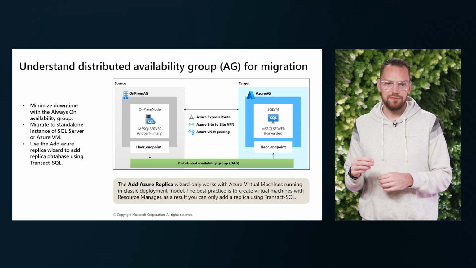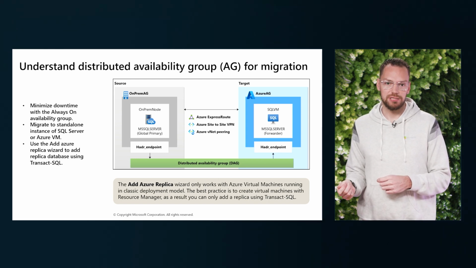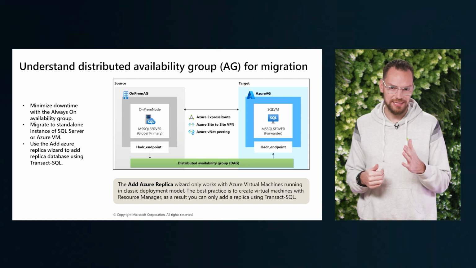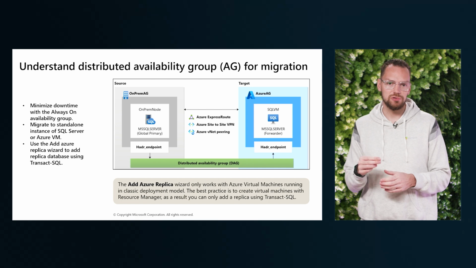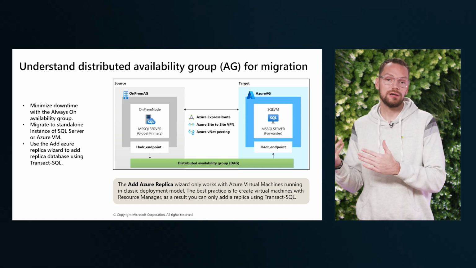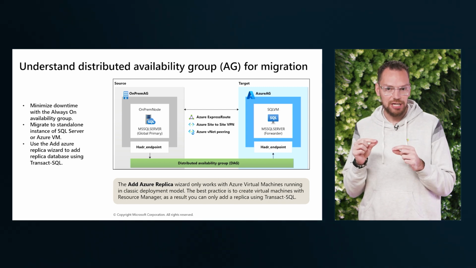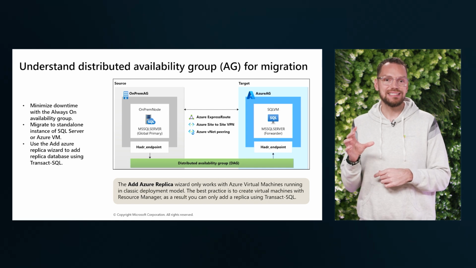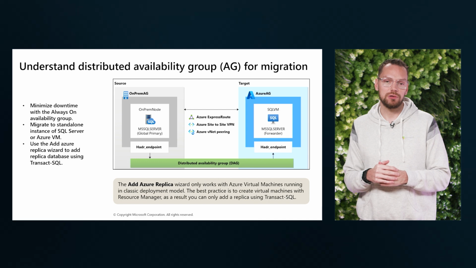Understanding the distributed availability group is critical for ensuring minimum downtime during migrations. By leveraging the always-on availability group, you can seamlessly transition to a standalone instance of SQL Server or an Azure VM. It is important to note that the Azure Replica Wizard is designed for an Azure virtual machine operating under the classic deployment model.